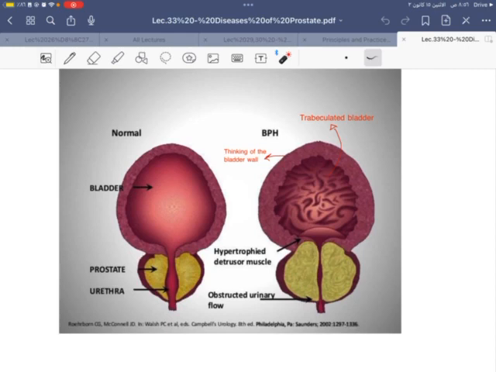These are somewhat trabeculated bladders, with some cellules, outpouchings, and slightly bigger saccules, and the biggest are diverticula. You have to know that these diverticula are devoid of muscle, so it's just mucosal outpouching without muscle. Okay? Sensitivity increases and compliance decreases.